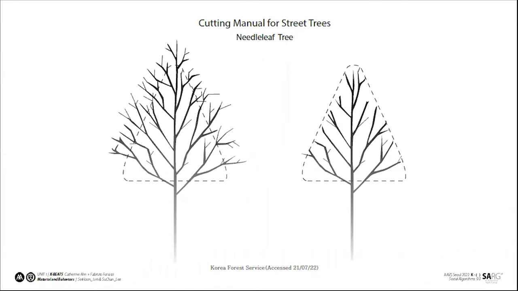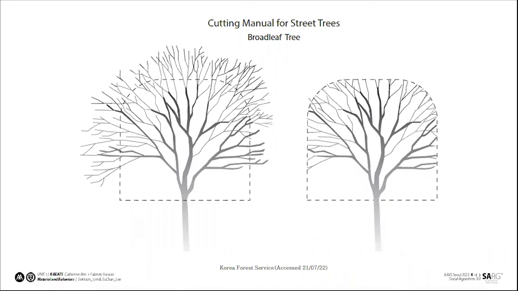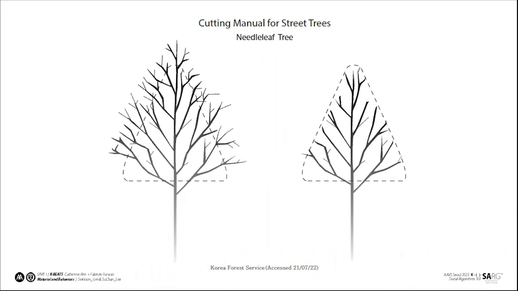I will show you two different types of trees and how they are cut as street trees. This one is a broadleaf tree, and it has a more rounded shape when it's cut. Next is a needle-leaf tree. Its shape is sharper when it's cut.